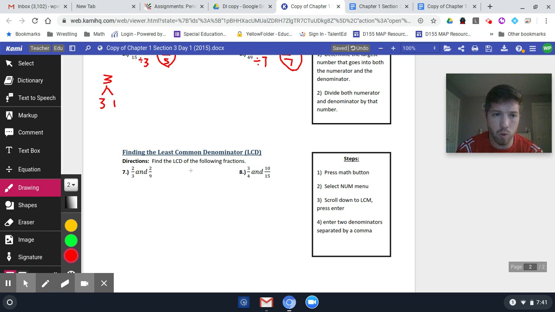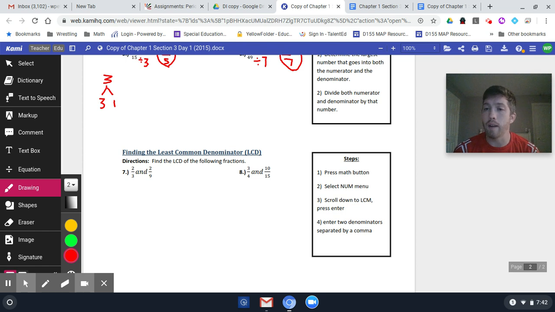The last one is finding the least common denominator. We're going to take a pause on this one. We're going to add this into day 2. If you want to read the steps right here, press the math button, select the numerator. This is something that's really nice, but you need the $80 calculator.